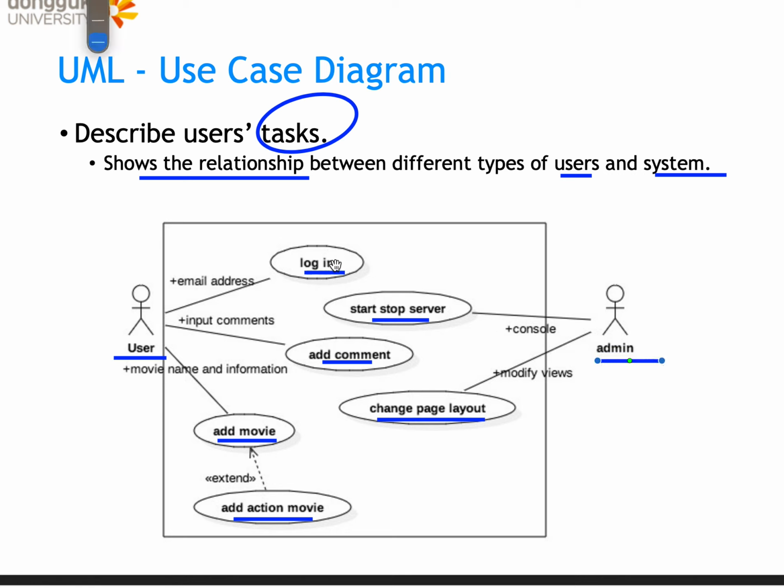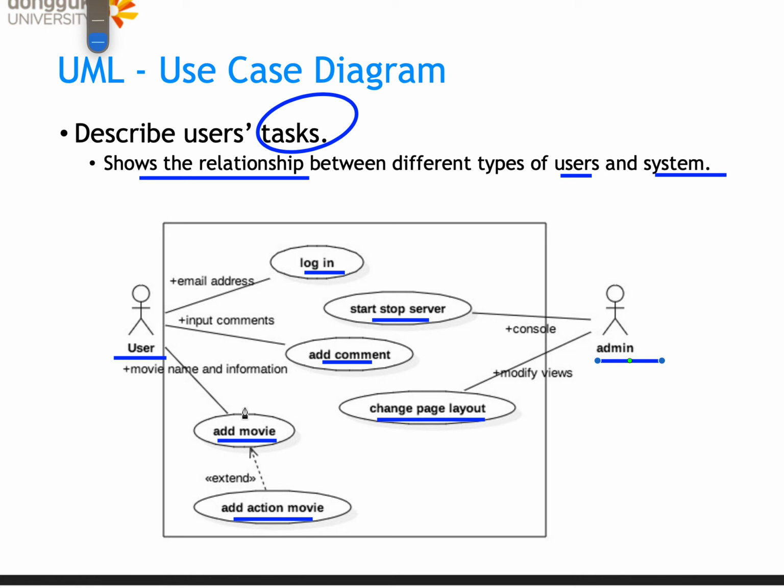Also, for login, the user has to provide an email address. And to add a comment, you just have to type the comment in some specific input box. And to add a movie, if the user just wants to write some kind of report or essay or document about a movie, then the user adds a movie and adds some comment for the movie.